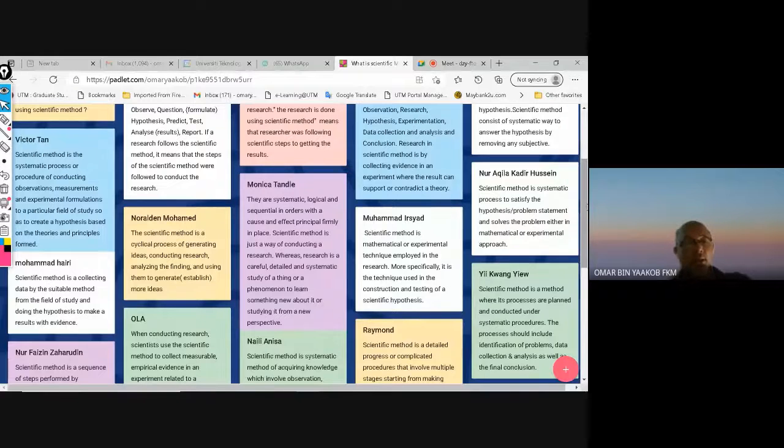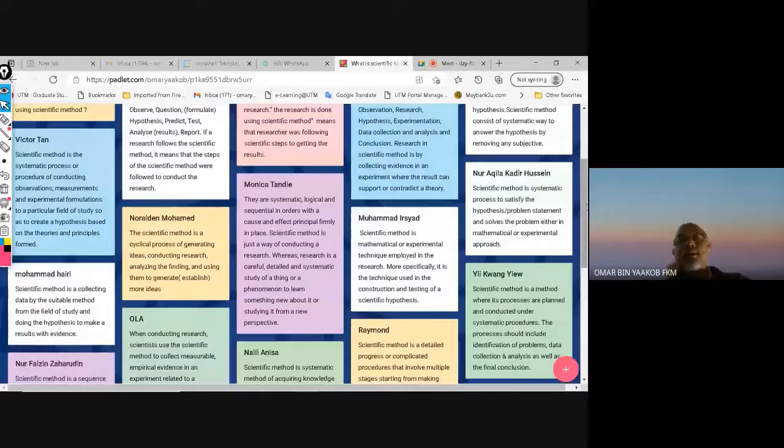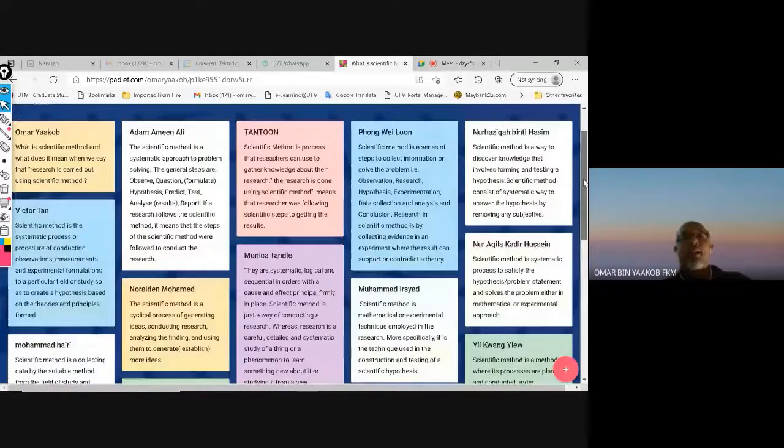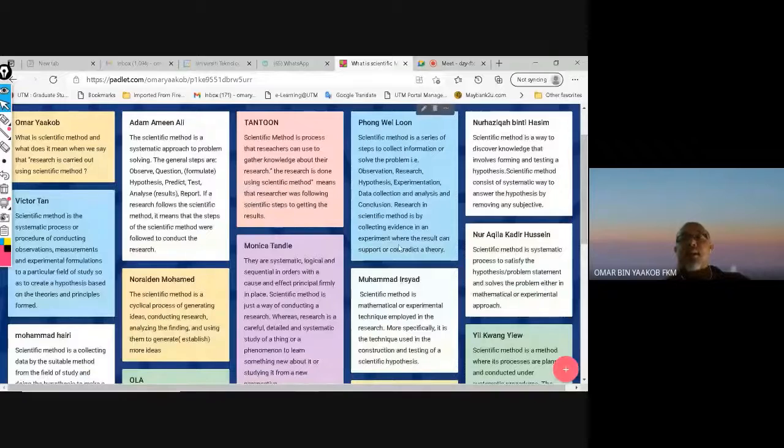Now it's about 3 o'clock. So at 3:05, we'll come back here. For those who have written, can you read other people's definitions on your own? You can go through and see what they wrote about this scientific method, and then we'll come back to discuss it.